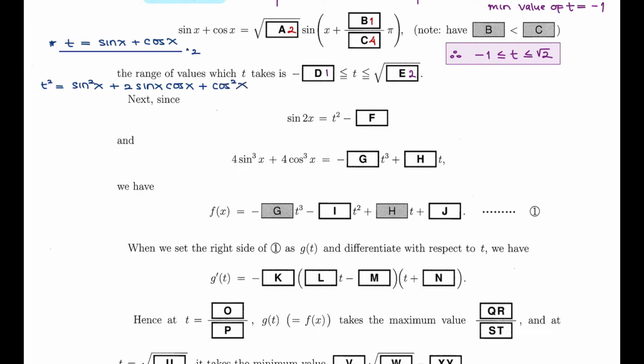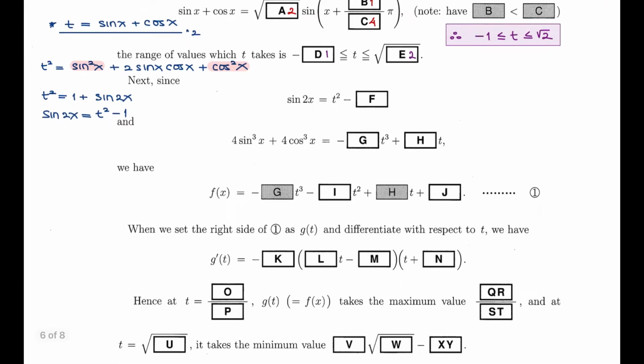And then by using the identity, sine squared x plus cos squared x equals 1, I will get t squared equals 1 plus, 2 sine x cos x is equal to sine 2x, so I can change this into sine 2x. Therefore, sine 2x is equal to t squared minus 1.